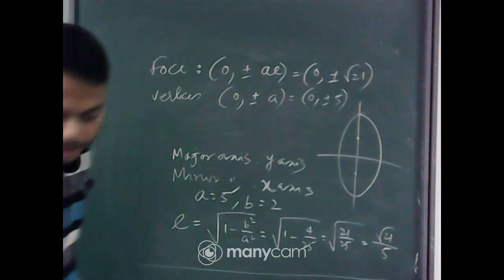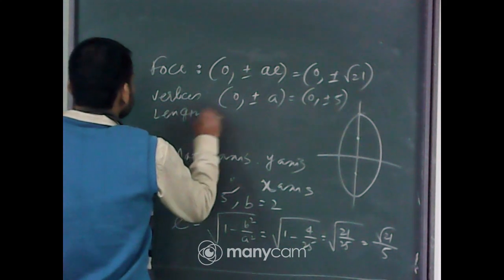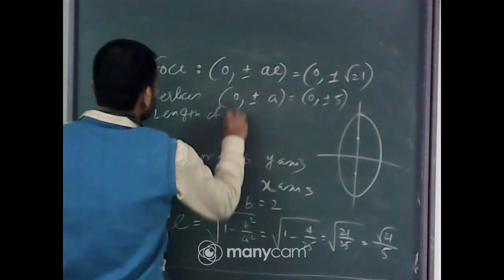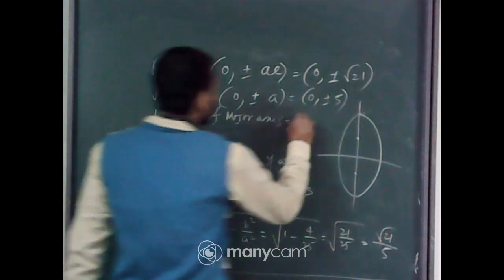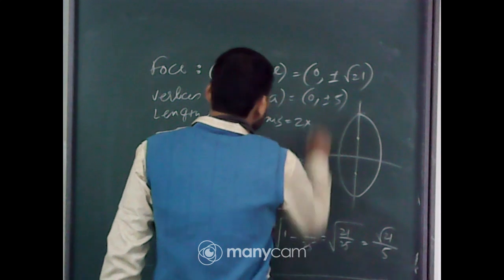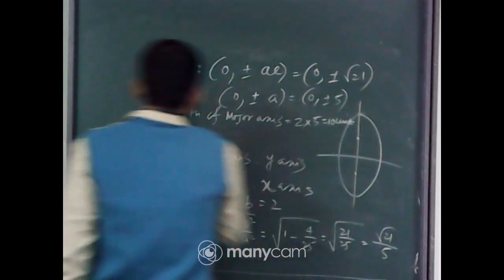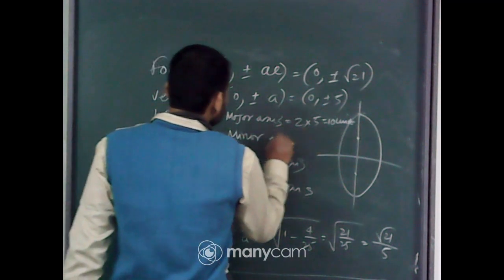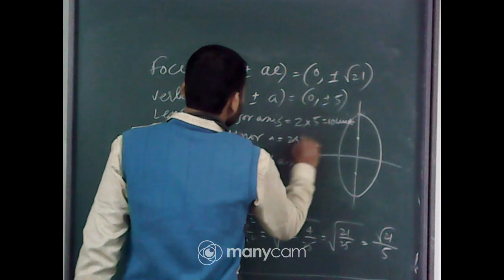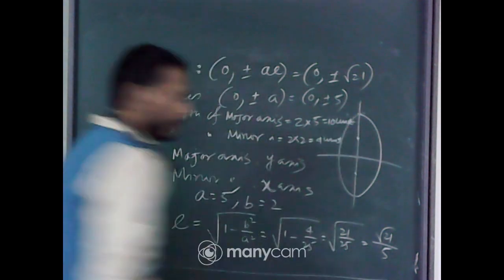Now length of the major axis, that is 2 into 5, that is 10 units, and length of the minor axis, that is 2 into 2, that is 4 units.